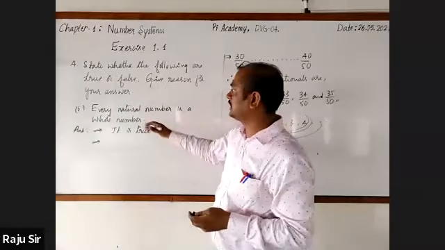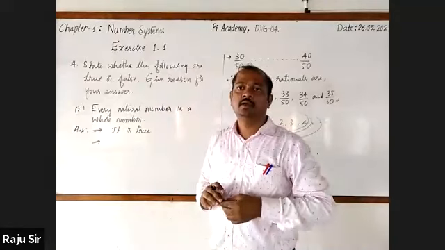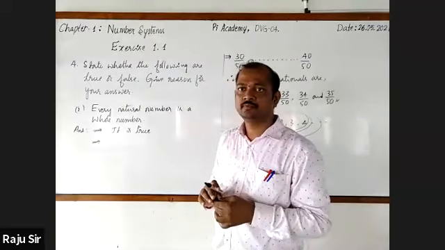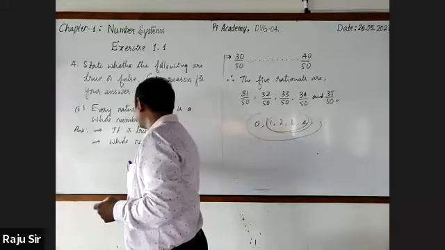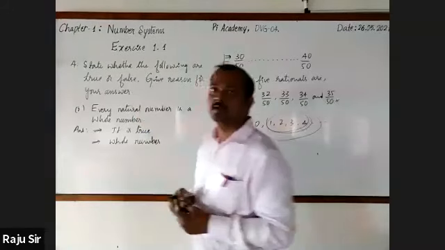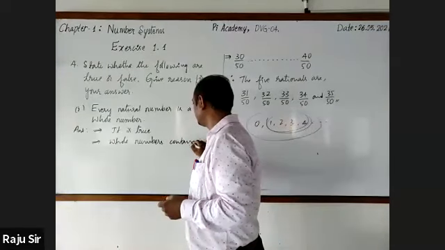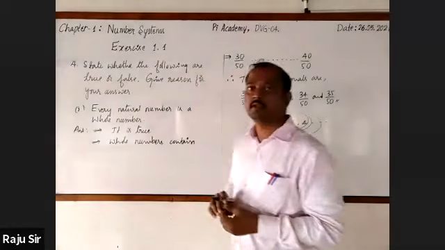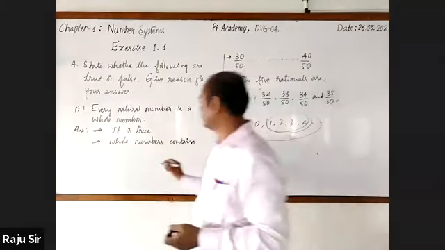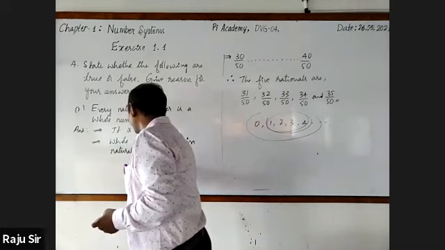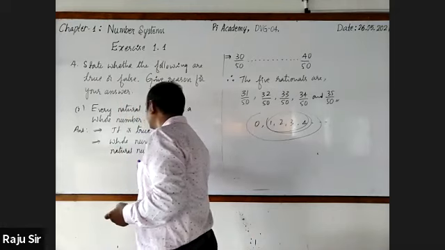That is why you can say all natural numbers are whole numbers. Clear? Any doubt? No, sir. Because the collection of whole numbers consists of natural numbers.